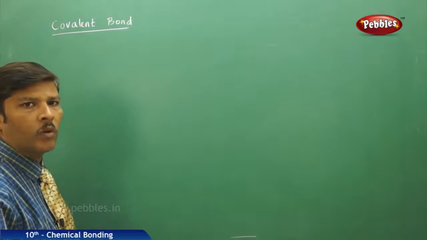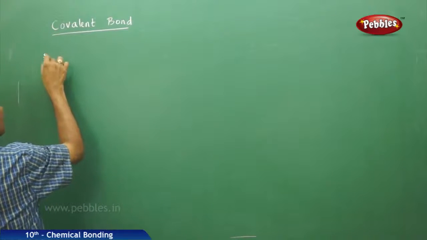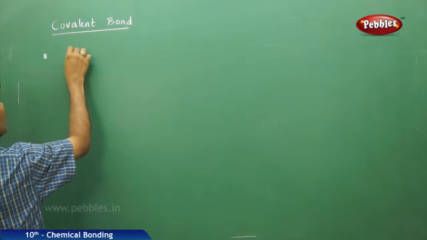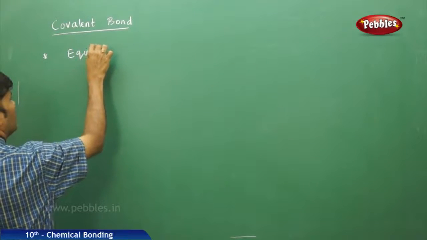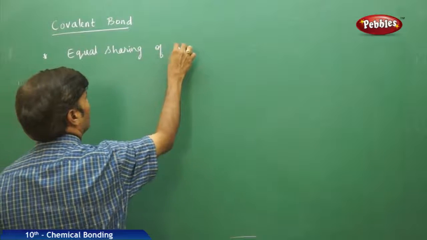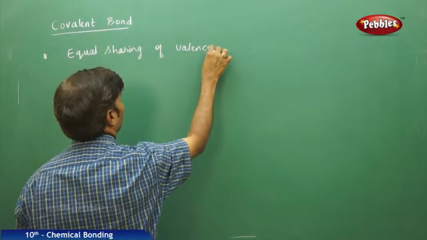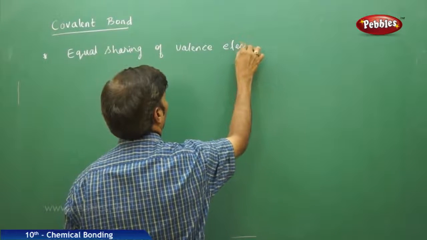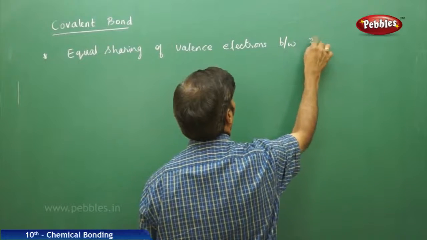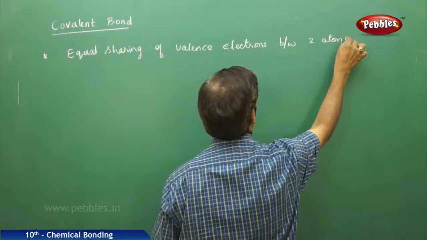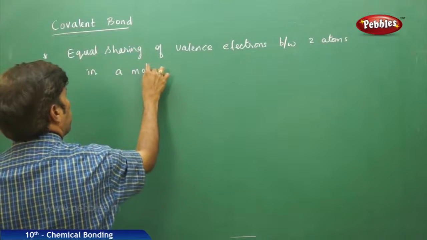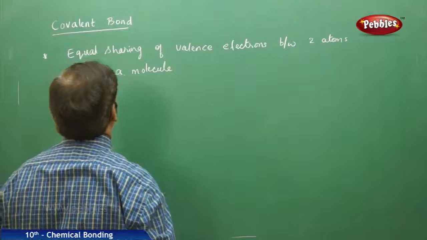So if you go for covalent bond, the keyword which you have to remember in the case of covalent bond is equal sharing of valence electrons between two atoms in a molecule, which is simply called a covalent bond.